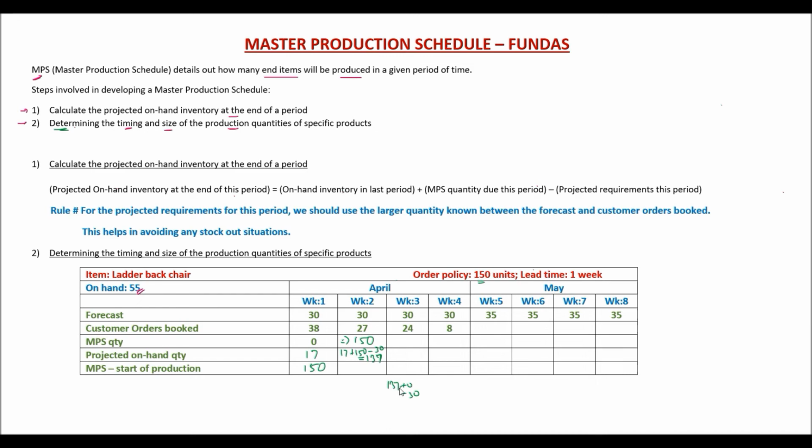So 137 minus 30, which is 107. So projected on hand becomes 107.